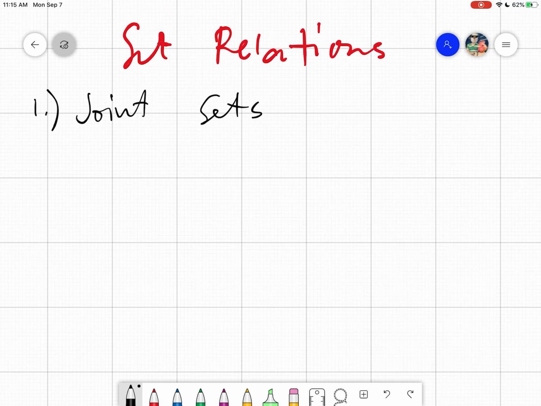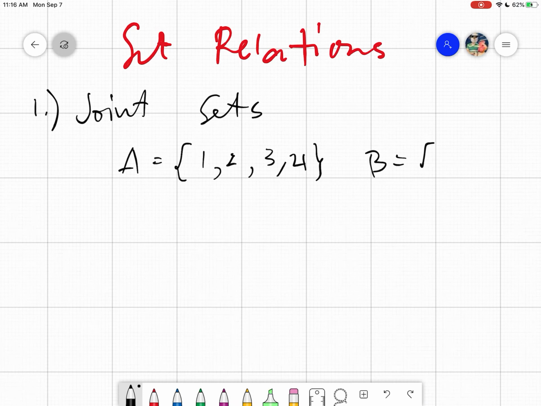So for example, we have set A is equals to 1, 2, 3, 4, and set B is equals to 3, 4, 5, and 6.